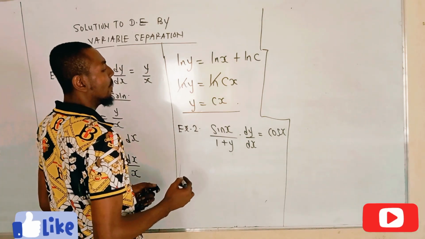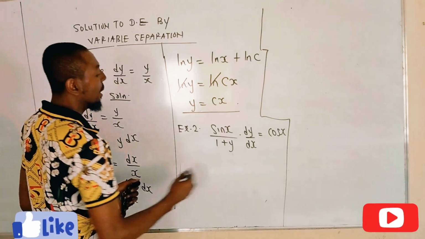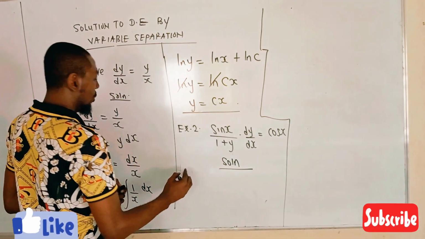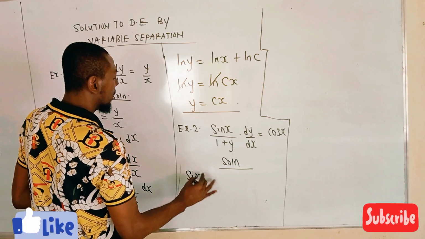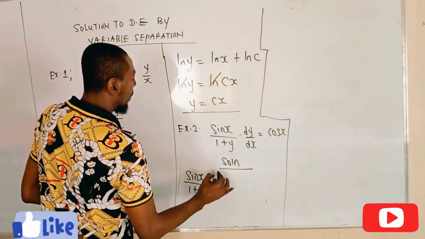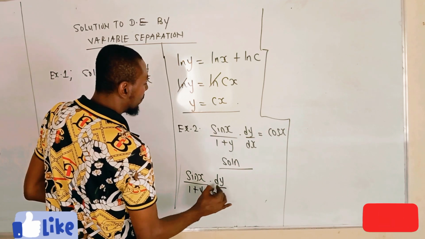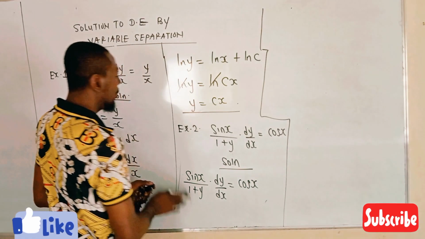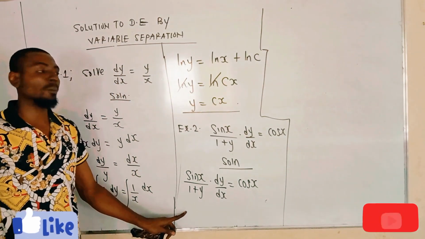Remember the first thing we normally do is to cross multiply. Whenever you are solving variable separation, always remember that the first thing to do is to cross multiply.